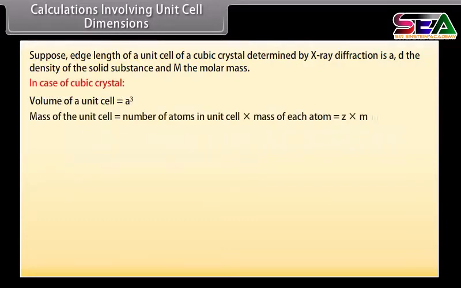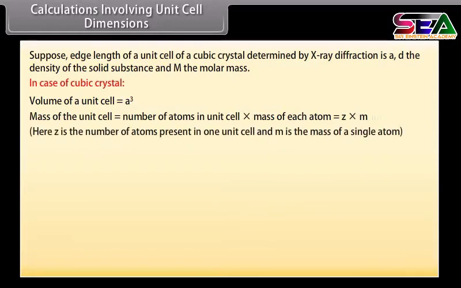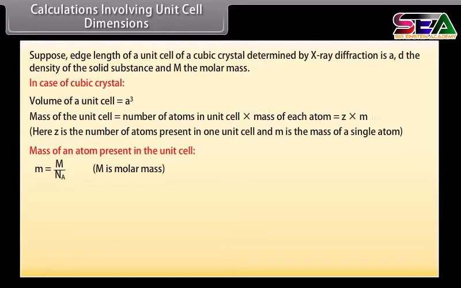The mass of the unit cell is equal to the number of atoms in the unit cell times the mass of each atom, which is equal to Z times m. Here, Z is the number of atoms present in one unit cell and m is the mass of a single atom. The mass of an atom present in the unit cell, m, is equal to M upon Nₐ.